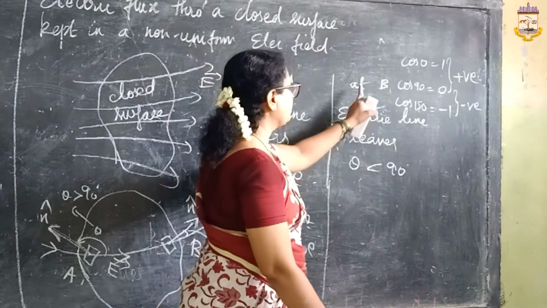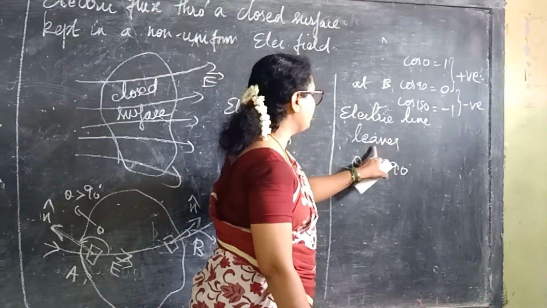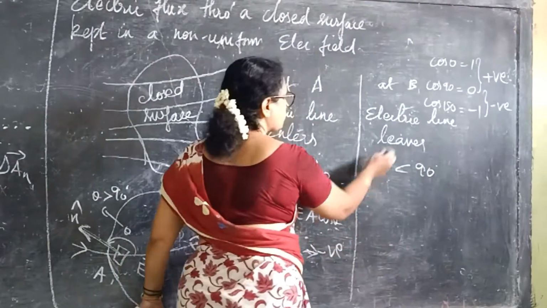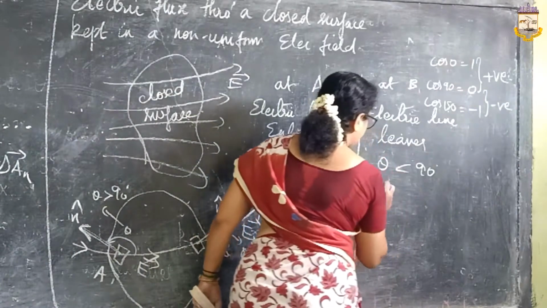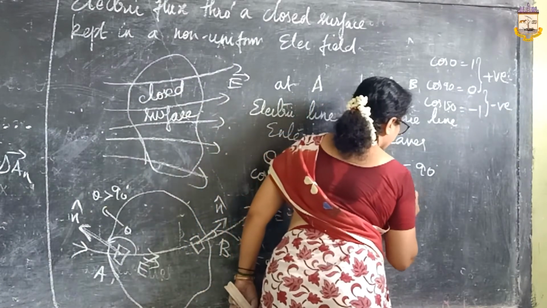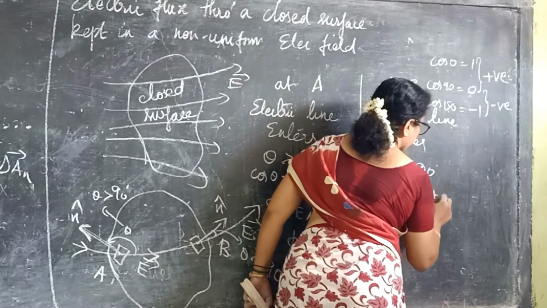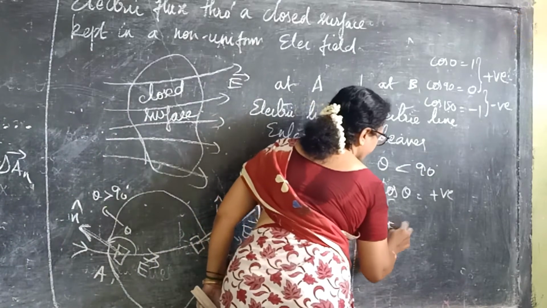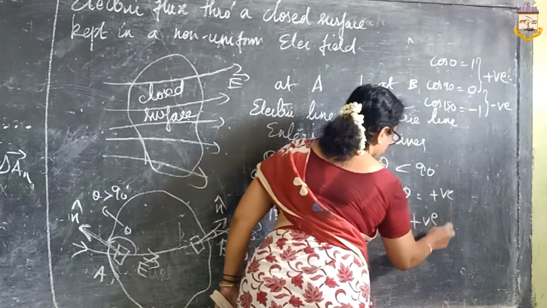In this case, at the point P where the electric line leaves the closed surface, theta is less than 90 degree. So for all theta less than 90 degree, cos of that angle is positive, so phi e will also be positive.